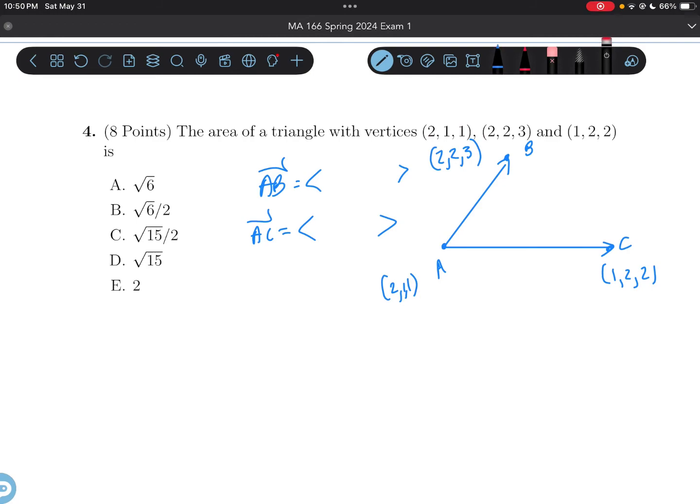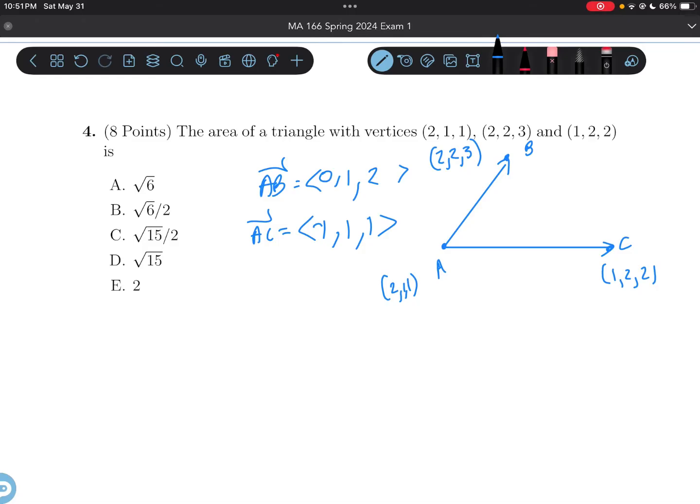So for the x coordinate, that would be 2 minus 2, that is 0. 2 minus 1 is 1, and 3 minus 1 is 2. Same thing for finding AC: take this and subtract these numbers from that. We get negative 1, 1, 1.